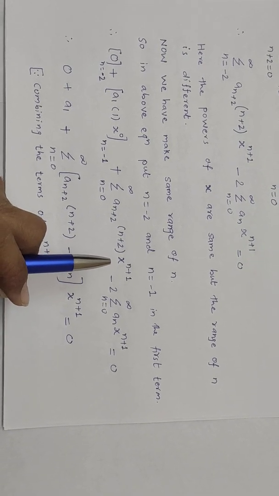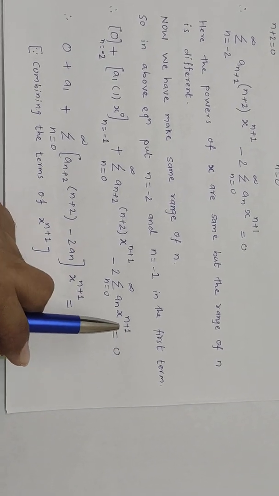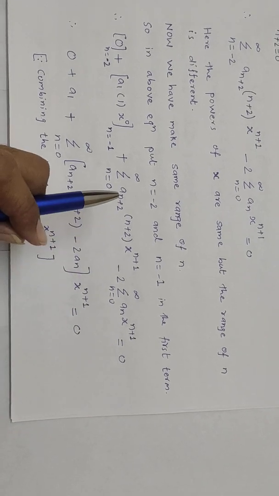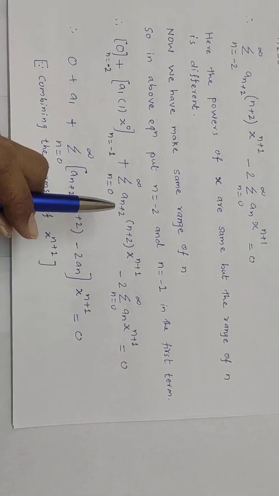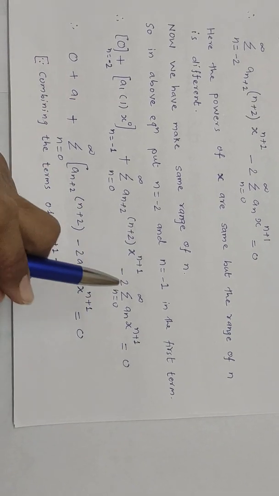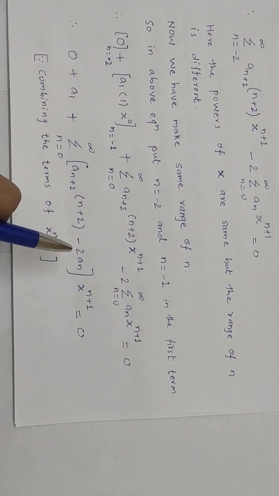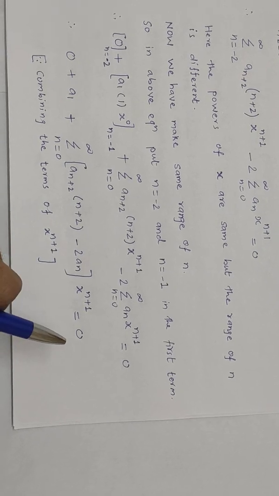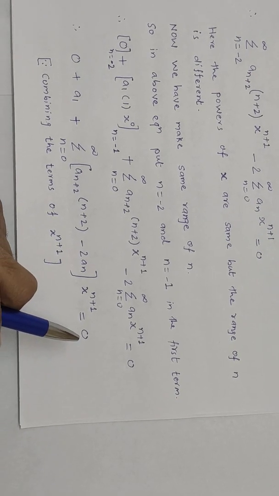Now take common x raised to n+1. If you take x raised to n+1 common from these two terms, the first term will be a_{n+2}(n+2), minus 2 as it is, and a_n as it is, equals 0.